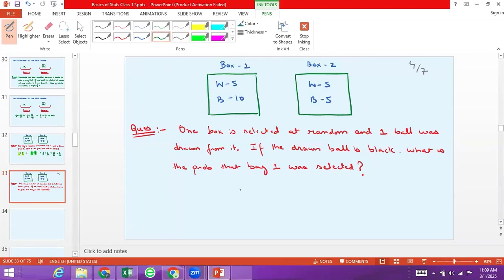Try to apply this: the probability of B given A is the probability of B multiplied by the probability of A given B, divided by the probability of A. This question will be solved using this. Now think about it.